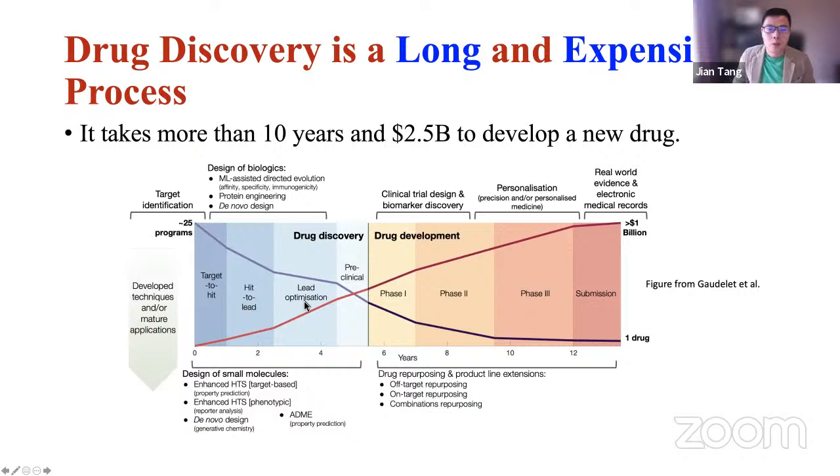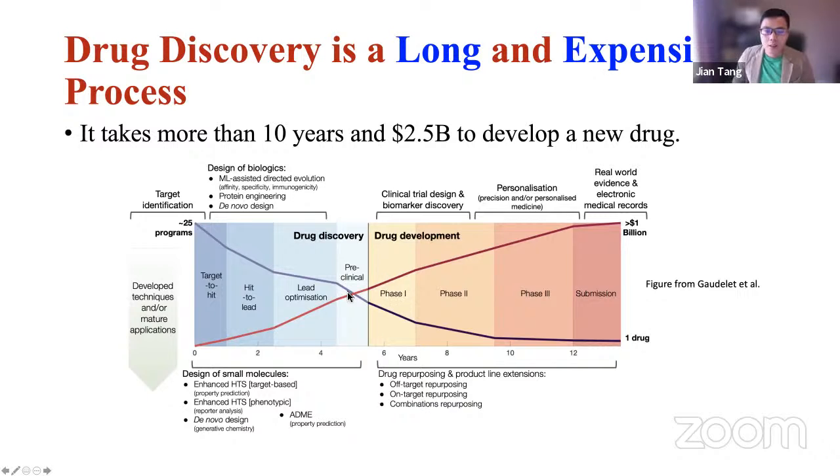And then we try to optimize the properties of those leads, because some of the molecules selected in this stage are not ideal. For example, their binding affinity may not be strong enough, the toxicity could be high, right? So we need to do some optimization in order to further improve the properties of the drug candidates.